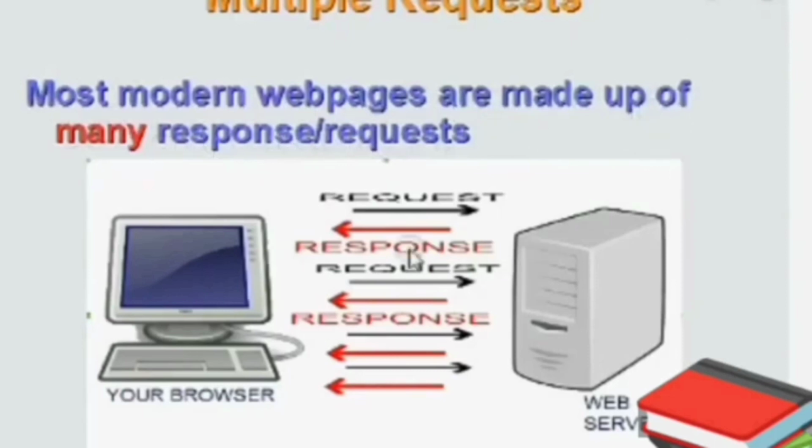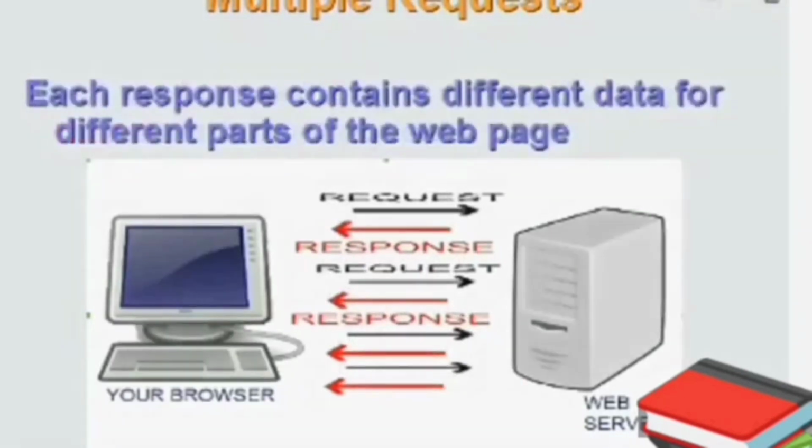You can see we have a request, then we also have a response. That means if you send a request using your browser to your web server, you get a response from your web server. Each response contains different data for different parts of the web page.